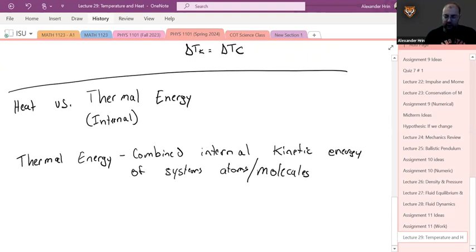Okay. So that's what we mean by thermal energy. The symbol you'll see here is usually just U subthermal.